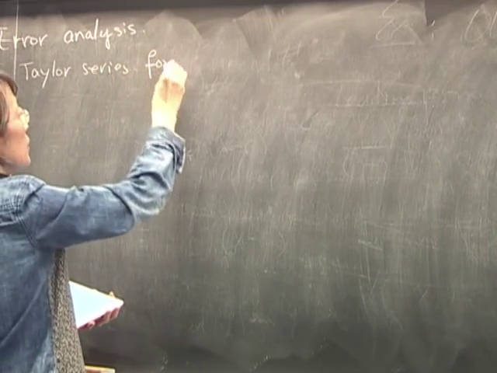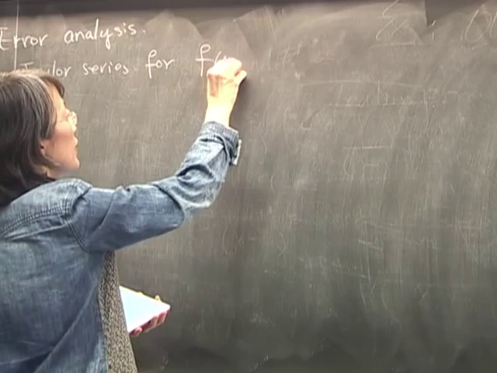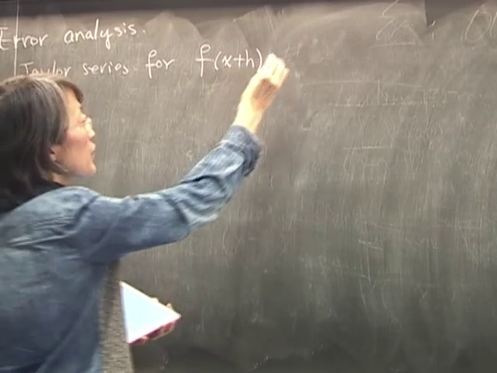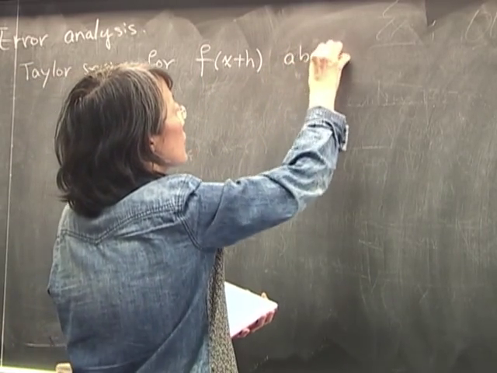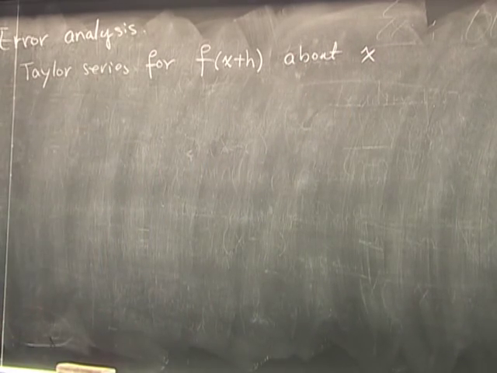for, I want to expand this function f of x plus h about x. Okay, so I think x now will be the c here where you expand, and I want to find the function value at x plus h. So the x here will be x plus h. Are we okay? So take this Taylor series, change c into x, change x into x plus h.